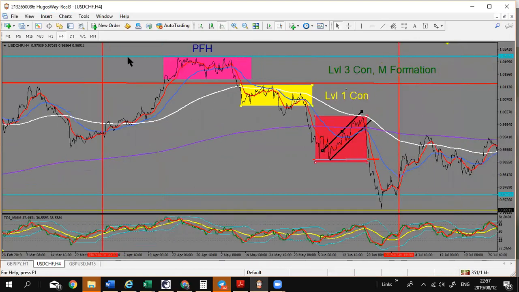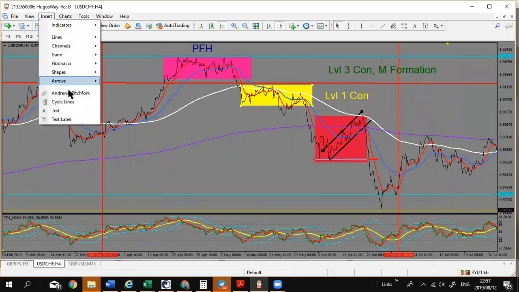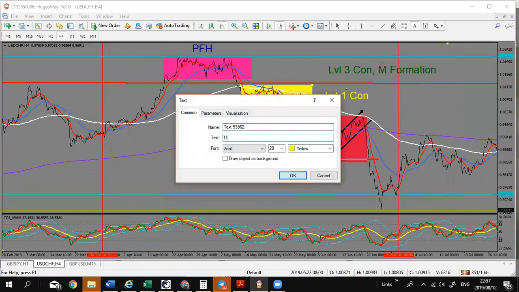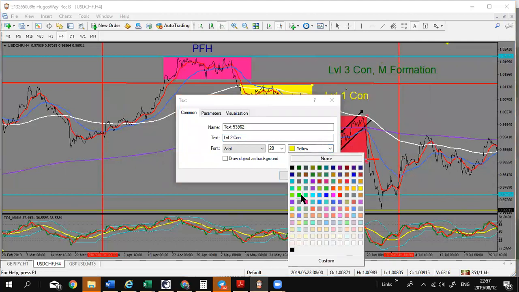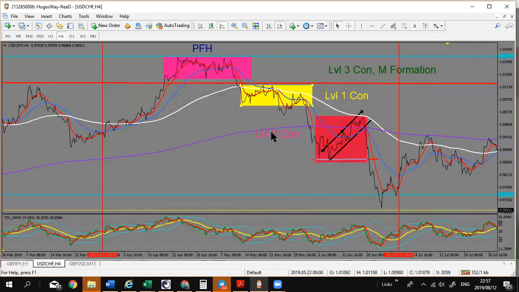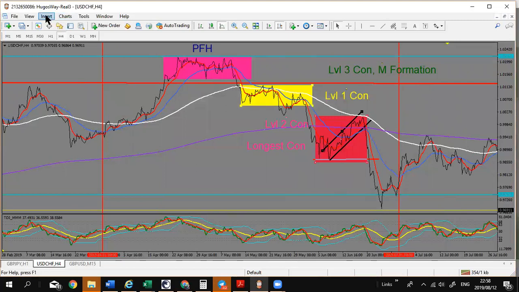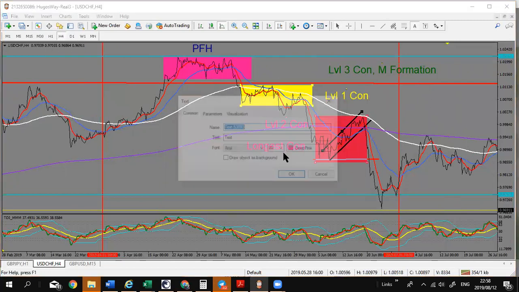There's always some type of pattern involved. And then obviously, like I said, patterns as well.